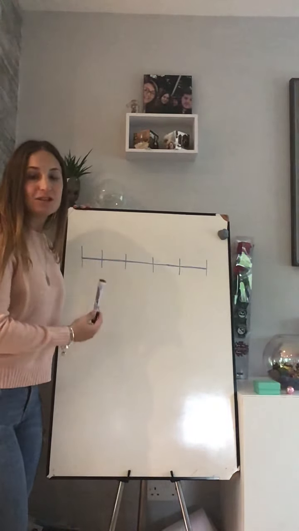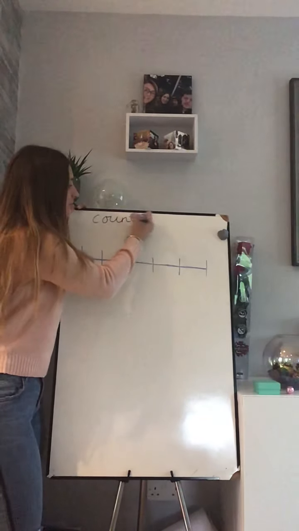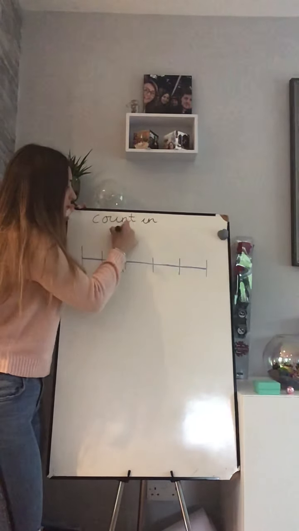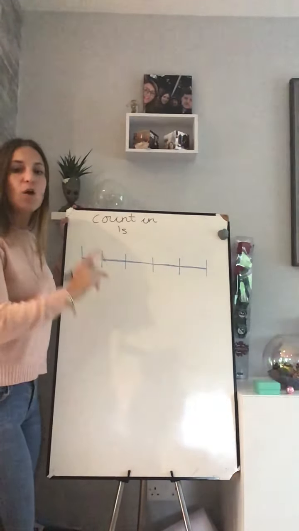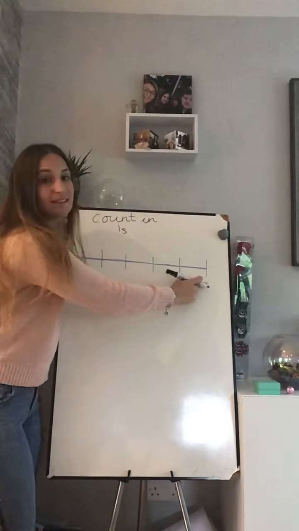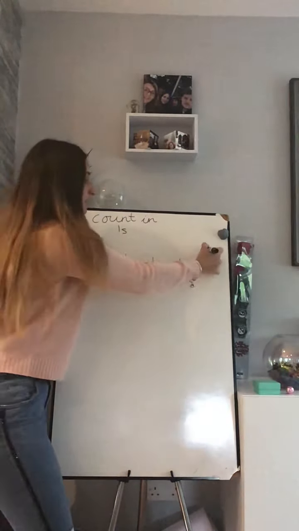So for example, if I am counting in ones, and I am on number, let's say 17, I start on 17, what number will I end on? What number will I be ending on? What will be this number there if I'm counting in ones?